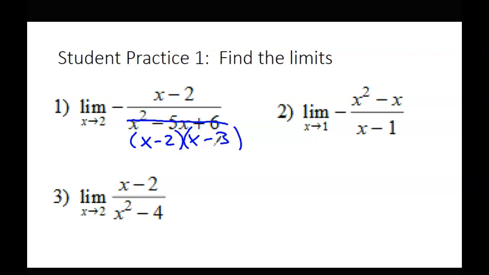Okay. Nate, what do we do next? You cancel the x minus 2 with the other one. That's right. And Sam, what do we do next? Huh? Where's Sam? There he is. Oh, okay, good.